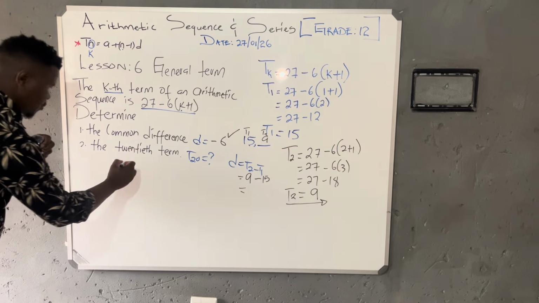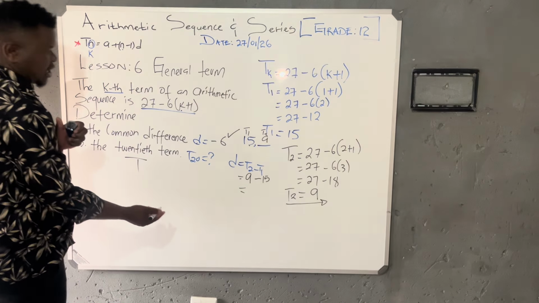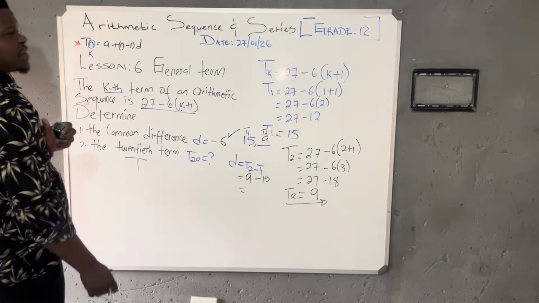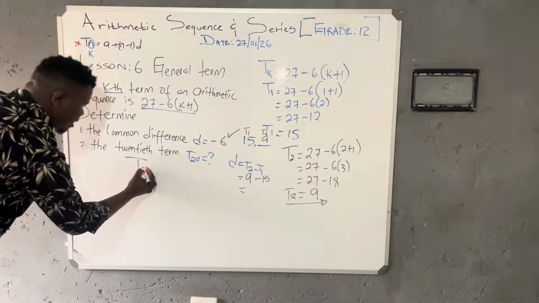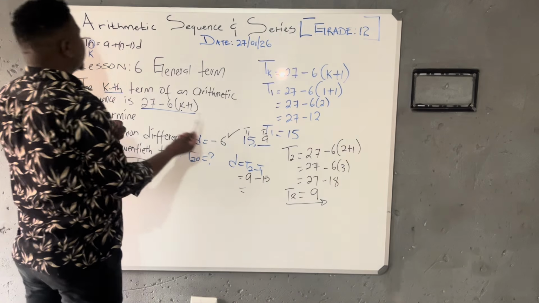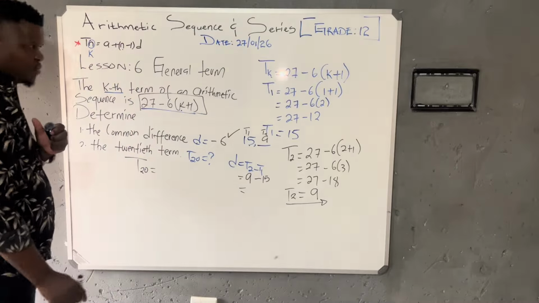So coming to this one, I don't have to worry much. I'm still using what I'm given there, that one of K. So this time K is 20. Remember, don't go there, because now they decided to use what they gave you.